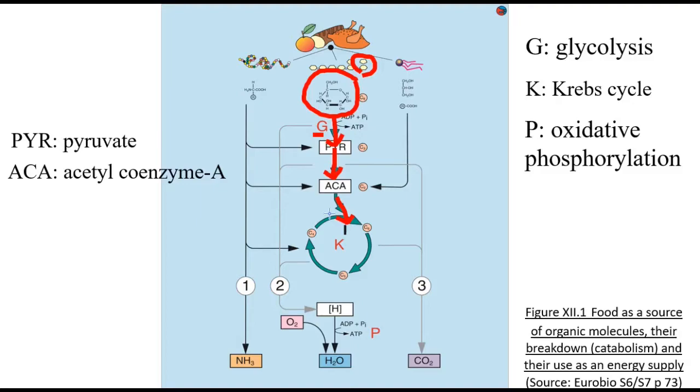The new thing you're going to learn in this diagram is that fats and proteins will also be used in some way in the Krebs cycle. So fats are transformed through a reaction into acetyl coenzyme A, and then this acetyl coenzyme A will obviously go through the Krebs cycle. So fats can be used to produce acetyl coenzyme A.